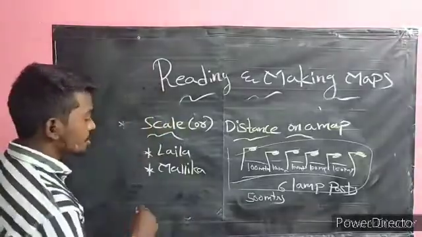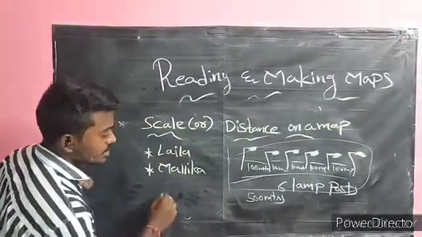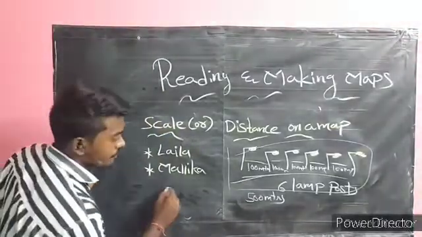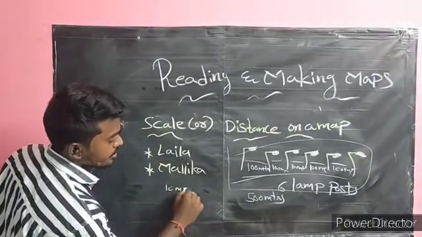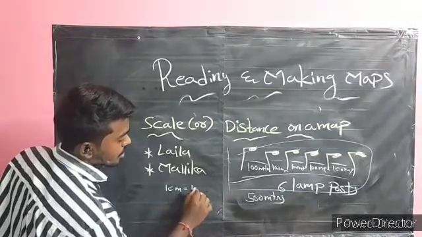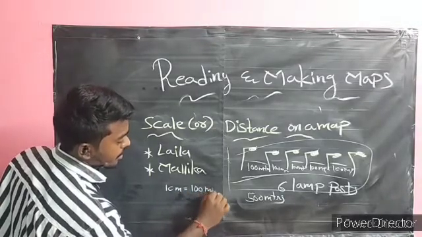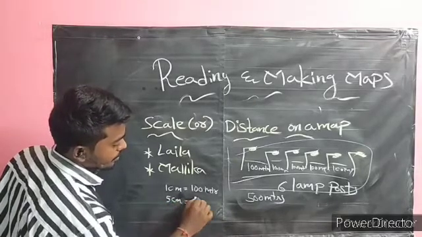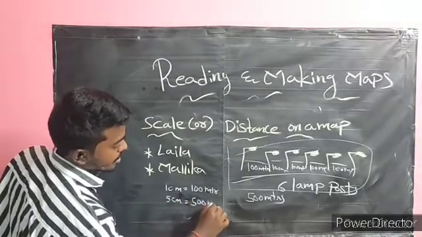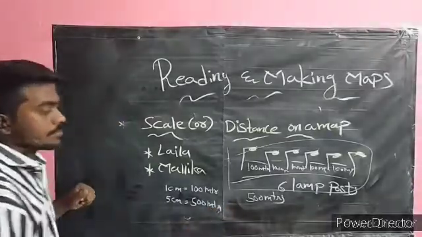Okay. Then Laila uses the sketch map and she represents on the sketch map 1 centimeter equal to 100 meters and 5 centimeters equal to 500 meters.